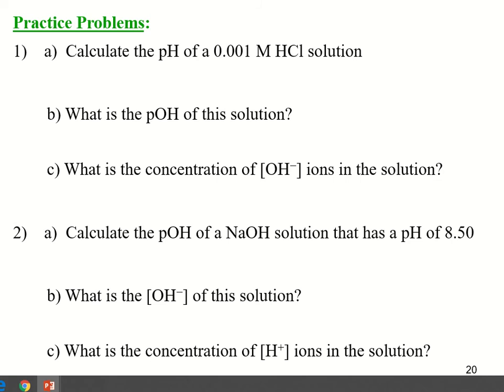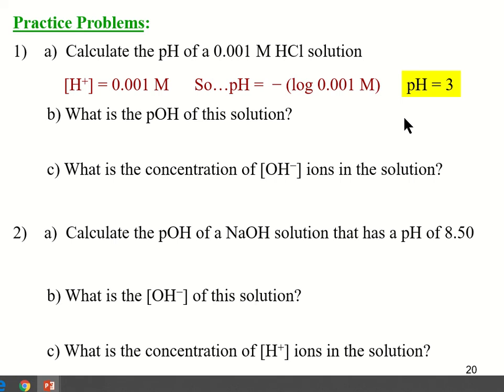All right, so let's take a look at these problems. Let's calculate the pH of a 0.001 molar solution of HCl. Because it's a strong acid, we know it's going to dissociate completely, so we can use this number for our value of H+. So the H+ is 1/1000th of a mole, and the pH is the negative log of 0.001, and I wind up with a pH of 3.